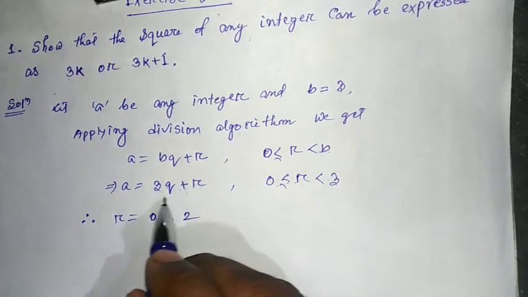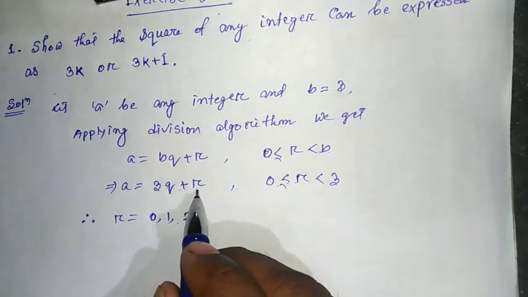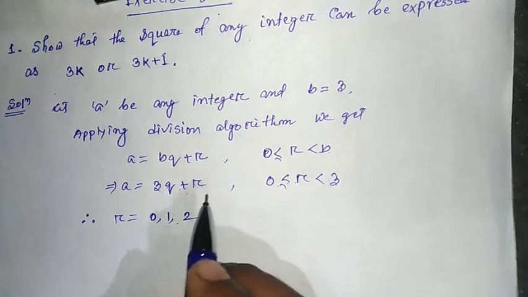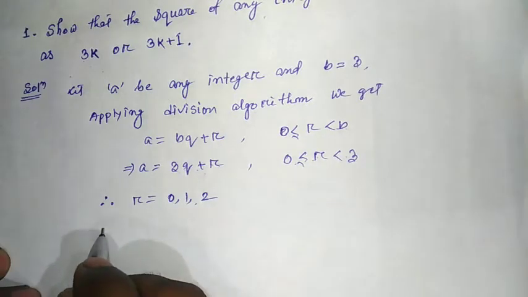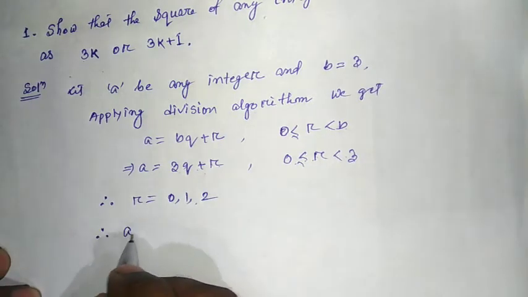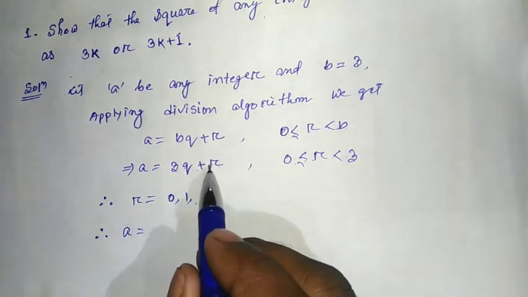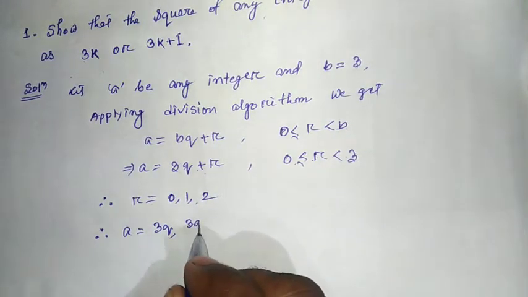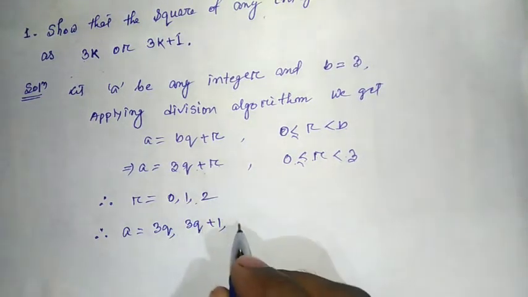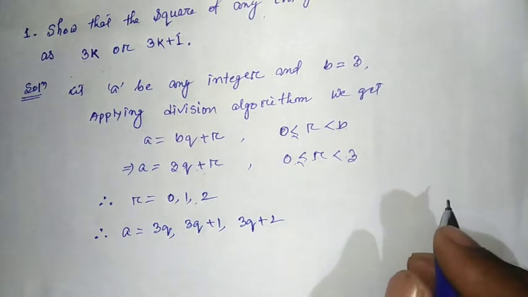If we put 1, we get 3q plus 1, and if we put 2, we get 3q plus 2. So therefore the values of a will be 3q, 3q plus 1 and 3q plus 2.